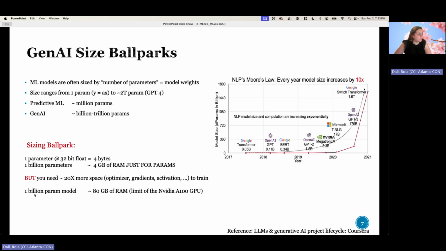And so if you've got a 1 billion parameter model, you need about 80 gigabytes of RAM to actually train this thing. And as you see, we were over the 1 billion parameter models a long time ago.